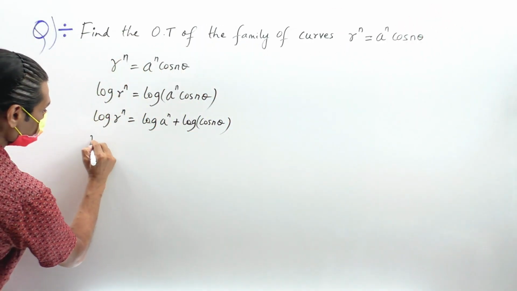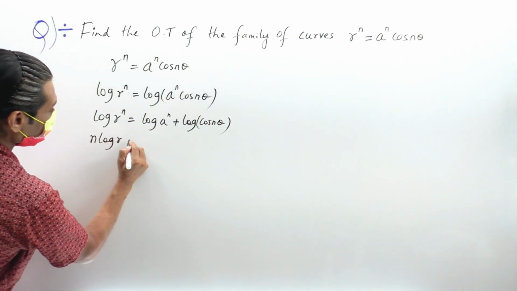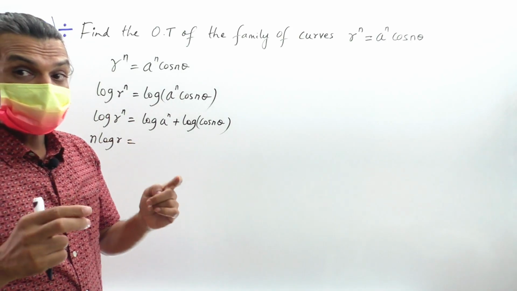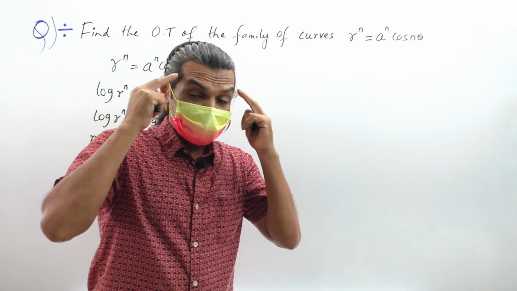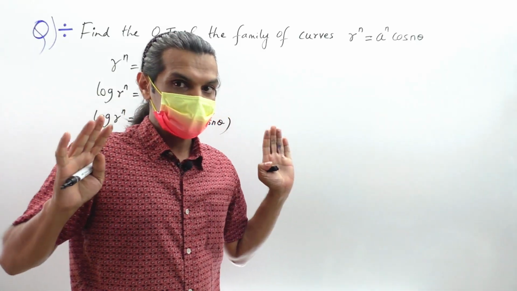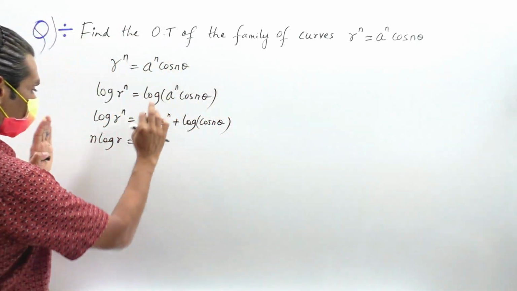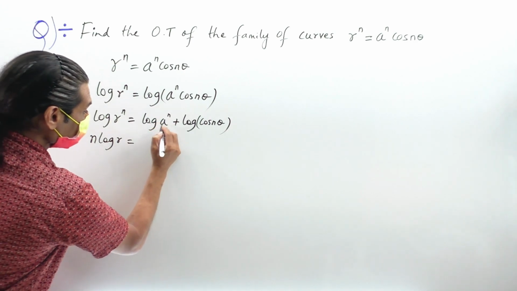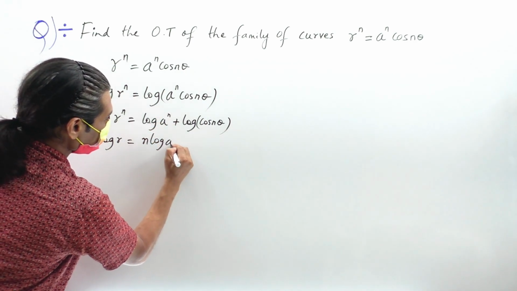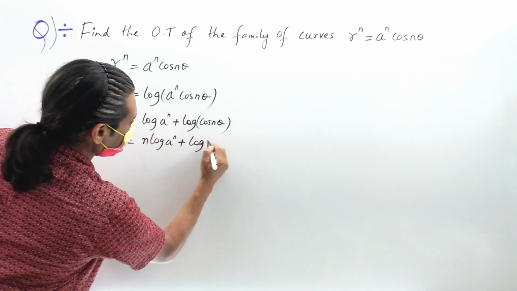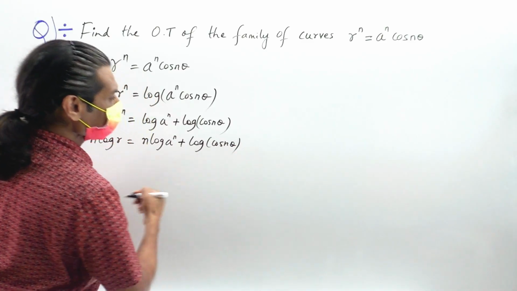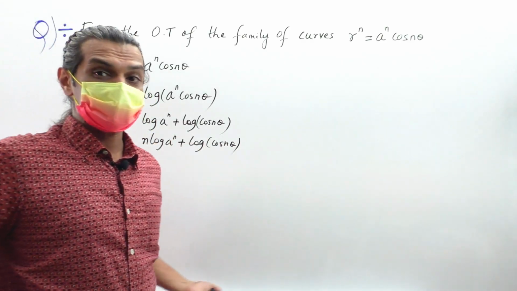Log r raised to n is n log r. Pay attention to my words, lend your ears carefully so that everything settles here. Okay, please practice with me. So, n log r equals log a raised to n plus log of cos of n theta. Now we can happily differentiate it to get the results.